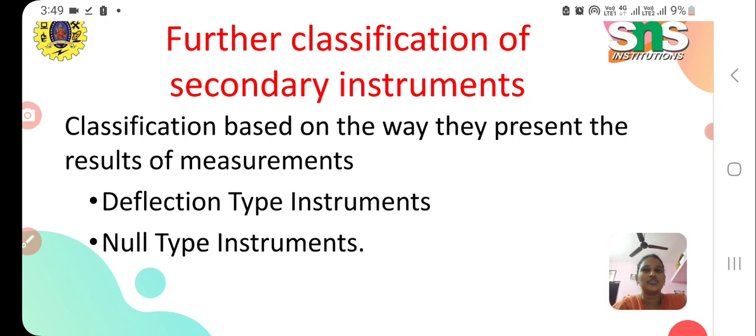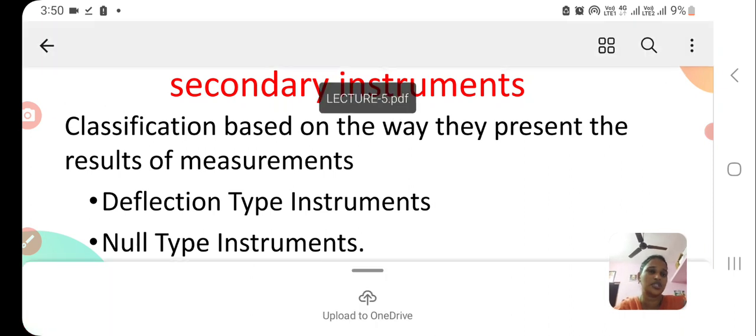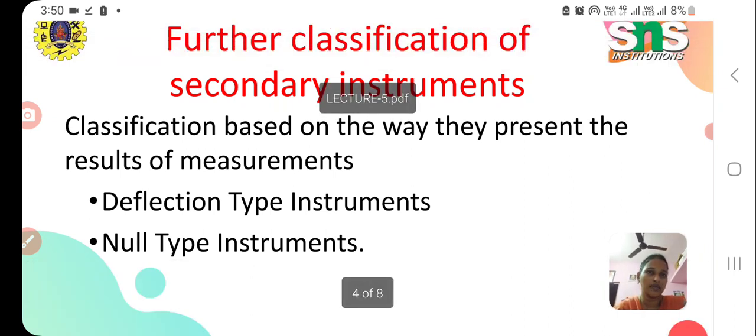Whereas null type instruments are zero or null indication instruments, which lead to the determination of the magnitude of a measured quantity. For example, if we see DC bridges or AC bridges, you have a galvanometer which indicates zero deflection, which means that the system is balanced.